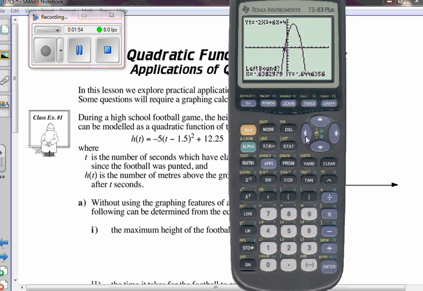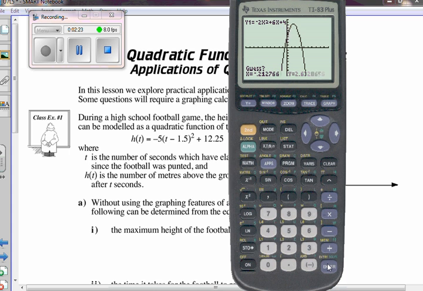Do you have -2x squared plus 6x plus 4? Did you go zoom plus 4? Plus 4. And then zoom 6 to make sure your windows are the same. Okay, so you have to go on the left side of the 0, and then push enter. Then you need to go on the right side of the 0.